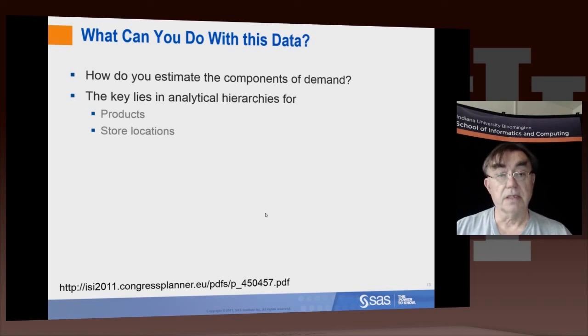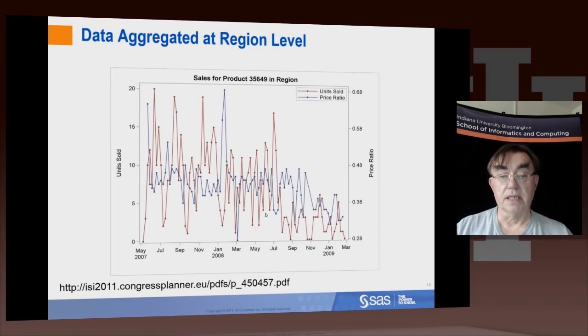So anyway, you need to aggregate data in an intelligent way, and here's an example of data aggregated at the region level and showing the relationship between price and sales volume. This can be used to then predict what price you should set if you wish to increase the sales.